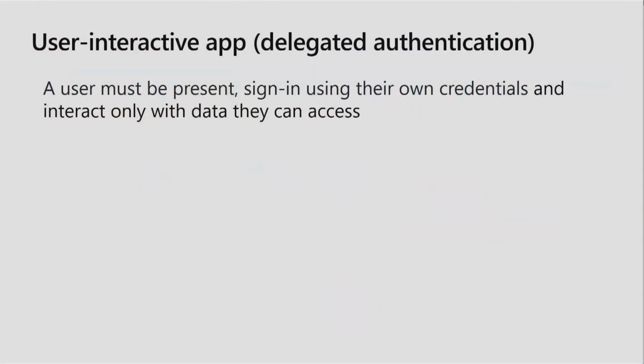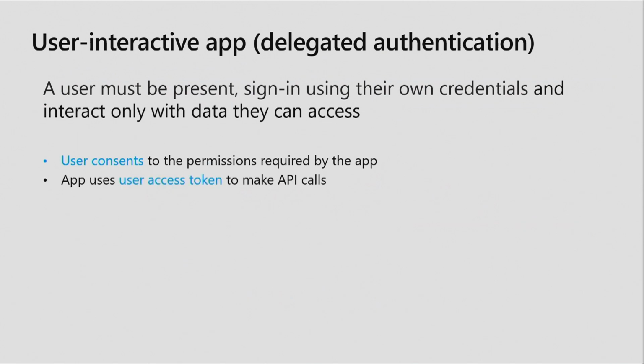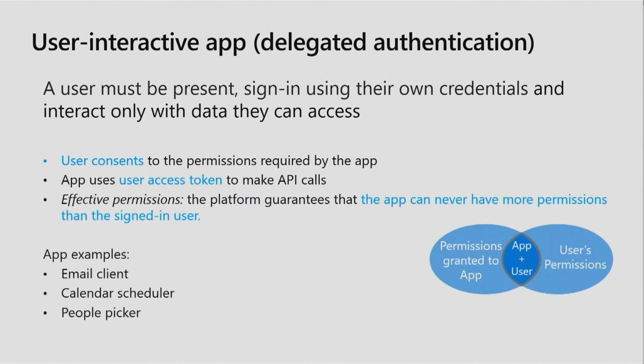For the user interactive applications, the users must be signed in, must be present, and consent with their own credentials to grant access to that application. The user consents, the application gets an access token to be able to make these API calls, and then the effective permissions of the request are the intersection of the permissions that have been granted to the application and the permissions that the user has.